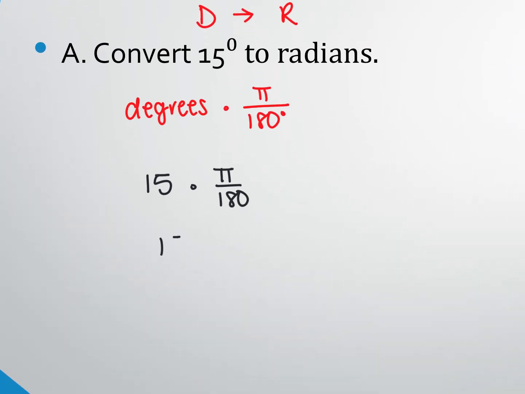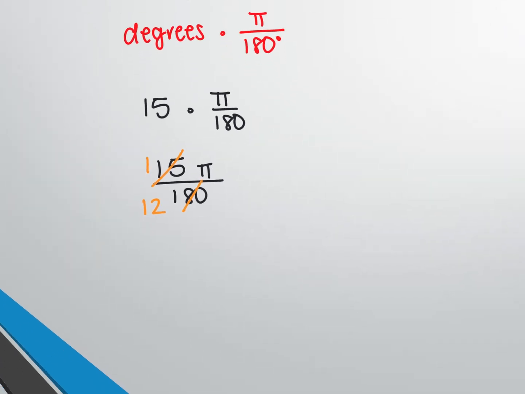Multiplying, you're going to get 15 pi over 180. This is going to simplify. We should know that. So simplifying it, I'm going to get 1 over 12. And my answer is just going to be pi over 12. And I'm done.